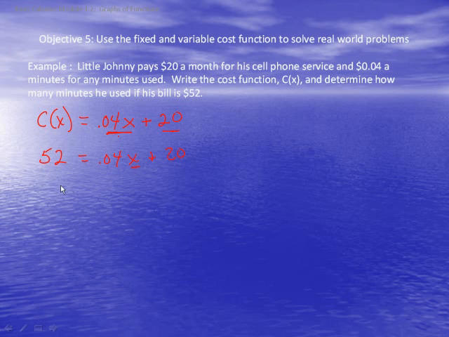Okay, so we're going to subtract 20 from both sides here, and that will give us 32 is equal to 0.04x, and we're going to divide both sides by 0.04, and we're going to get x equals 800. And so, in this case, little Johnny has used 800 minutes in order for his bill to be $52 for this particular month.